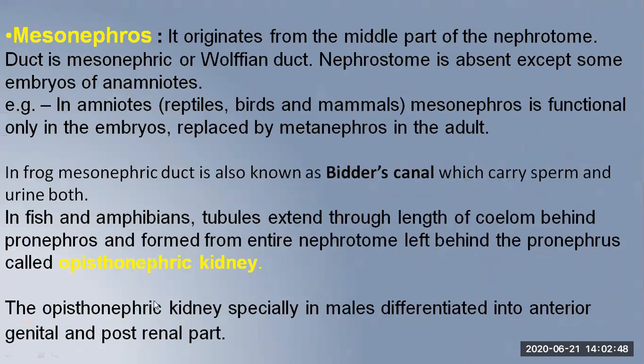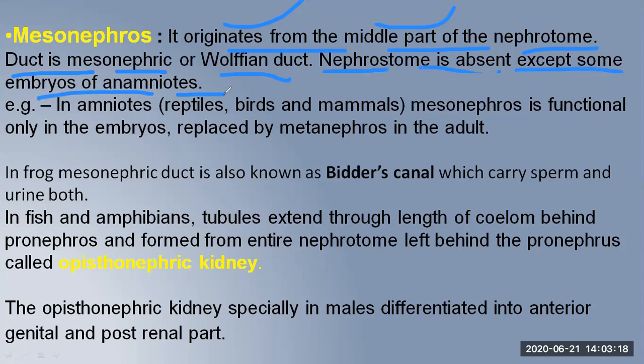Mesonephros originates from the middle part of the nephrotome, and the duct is the mesonephric duct or Wolffian duct. The pronephric duct is called the Mullerian duct, and the mesonephric duct is also known as the Wolffian duct. The nephrostome is absent except in some embryos of anamniotes.